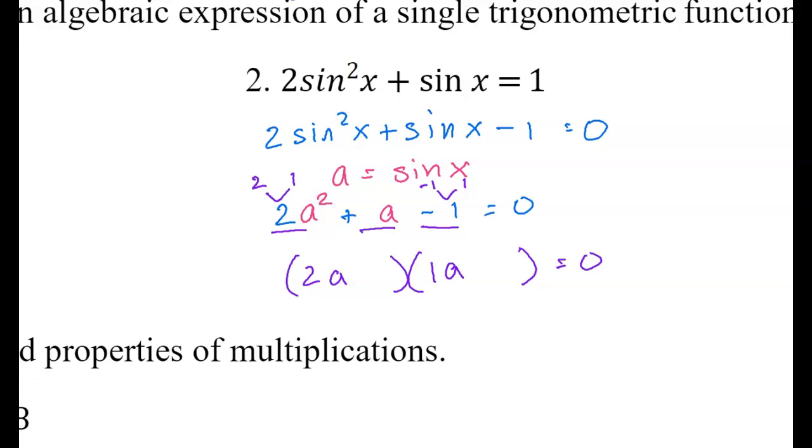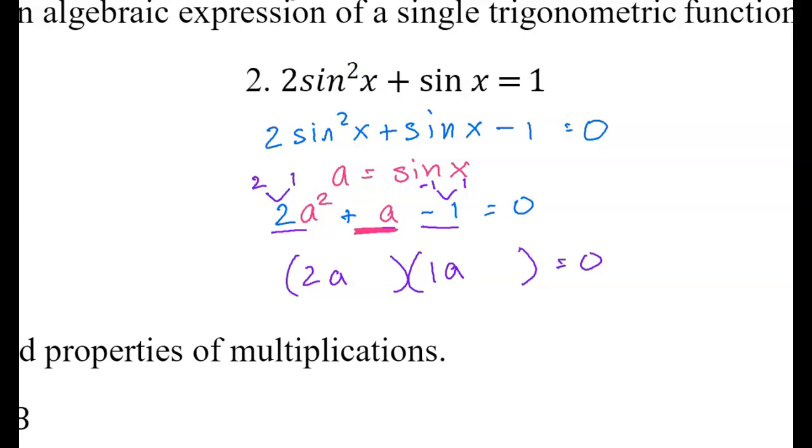If I put the negative one here and the one here, and I'm checking it, I know it's going to be 2a times negative 1, which is negative 2a. And then 1 times 1a, which is a positive 1a. Negative 2a plus 1a gives us negative 1a. Is that what I wanted? No. This is not the correct positioning.